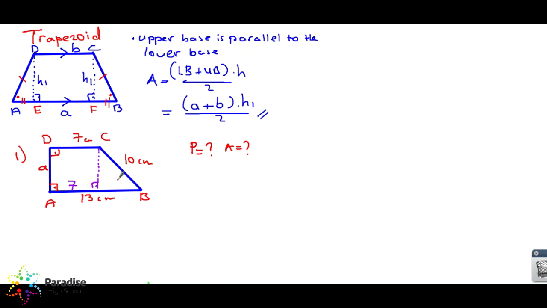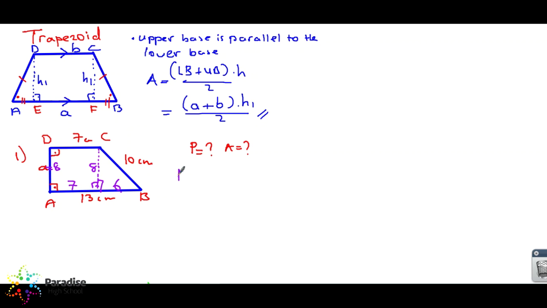The total is 13, so this has to be 6 centimeters. 7 and 6 are 13. So there's a right triangle here, and the hypotenuse opposite 90 degrees is 10 centimeters. One of the legs is 6 centimeters, so this has to be 8 centimeters. Remember the special right triangle 6, 8, 10. We don't need to use Pythagoras, we can directly write 8. Then A is equal to 8 centimeters too, since A is the height as well.